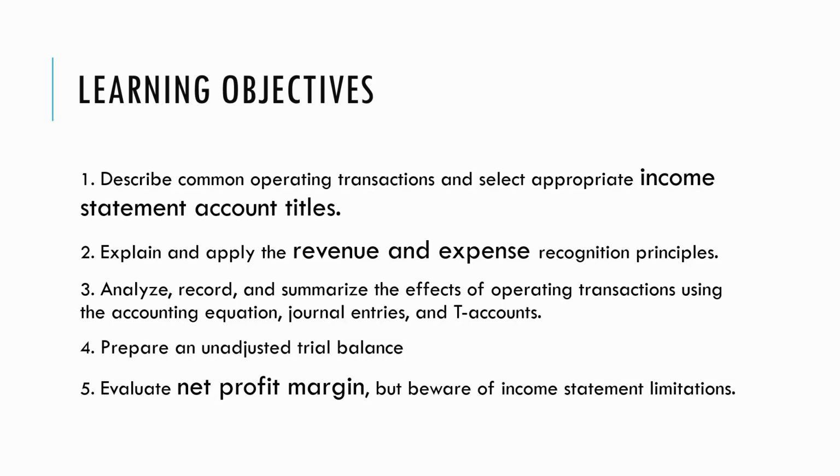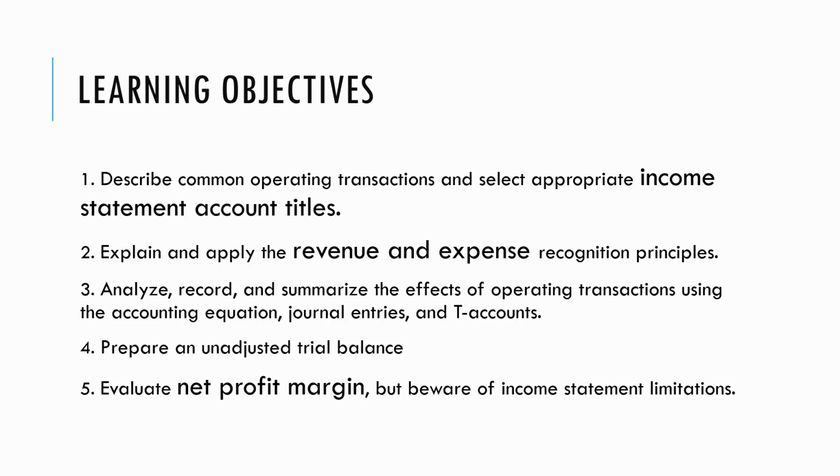Now we're going to skip ahead and cover learning objectives 3 through 5, in which we go back to a familiar format where we analyze transactions, determine how we're going to record those transactions, and by using the accounting equation, come up with journal entries and use T-account analysis. So it's something similar to what you've had before. In Chapter 2, we were looking at the balance sheet. In Chapter 3, we're looking at the income statement, so we're concerned with revenue and expense accounts.